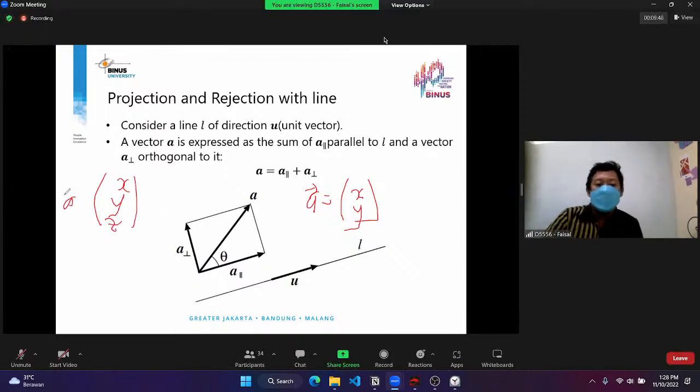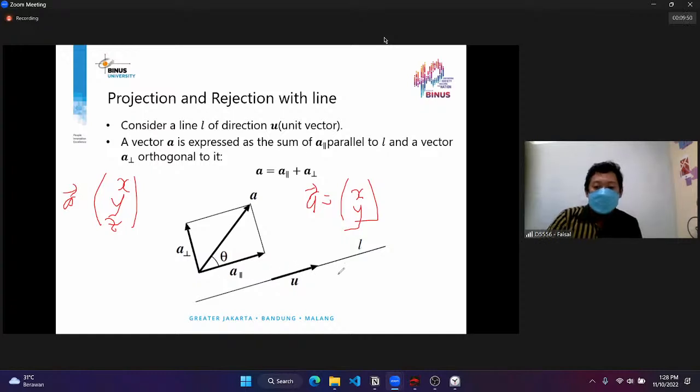This is A, and this is the line L. By the addition rule, we can find two vectors such that A is the sum of these two vectors.